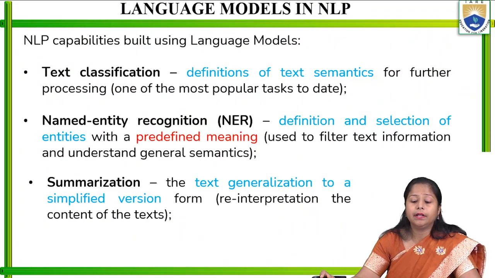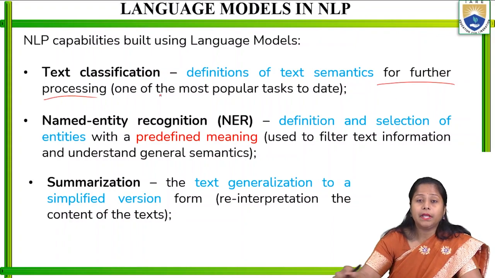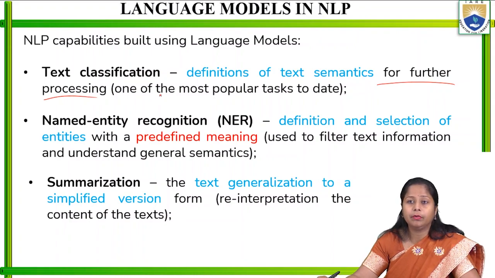The next capability of the language model is text classification. Text classification defines text semantics for further processing, and it is one of the most popular tasks to date. Here the text is classified according to the sense of its semantics.